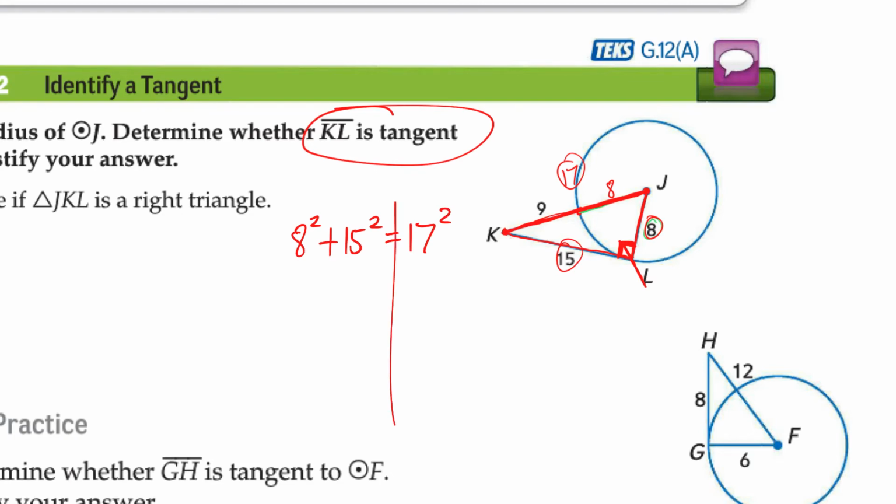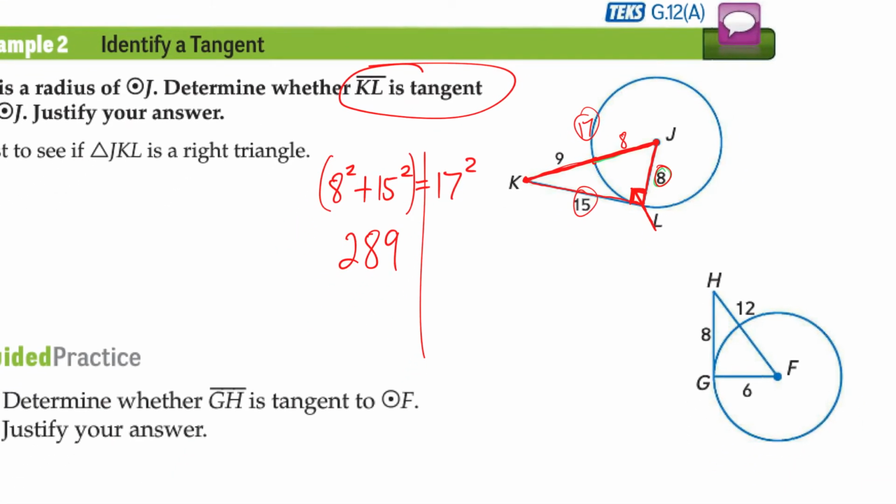So type in 8 squared plus 15 squared real quick. What is that? 289. Type in 17 squared. 289.